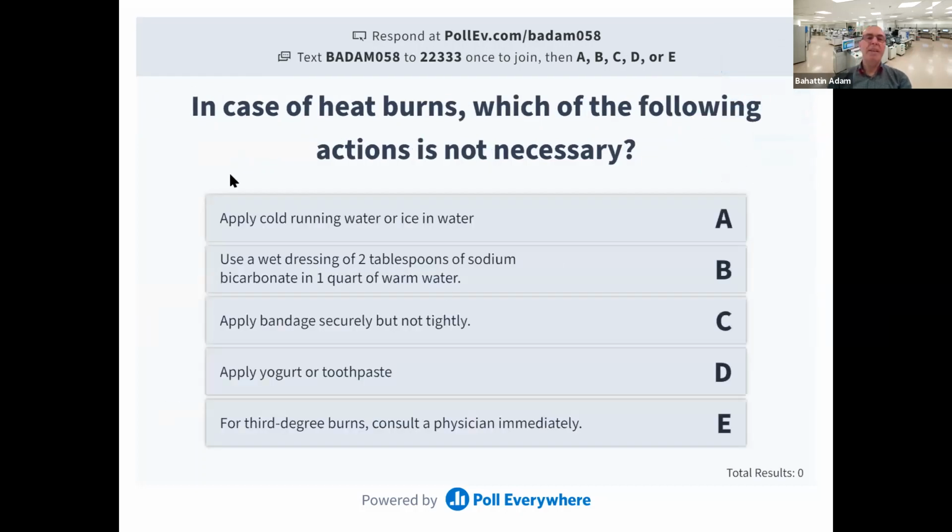Another one, in case of heat burn, which of the following actions is not necessary? Apply cold running water or ice water, use a wet dressing of 2 tablespoons of sodium bicarbonate, apply bandage. Which is not necessary?